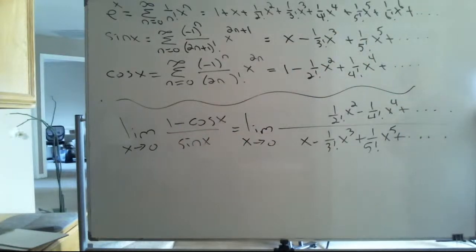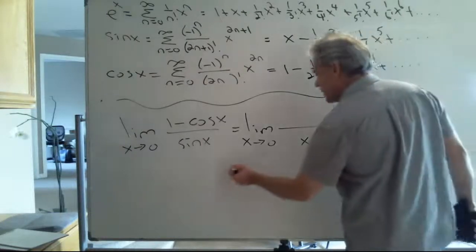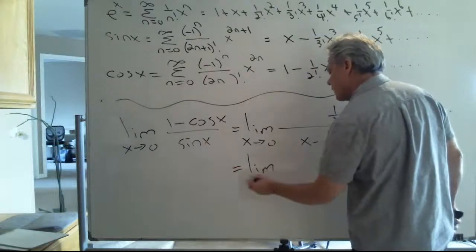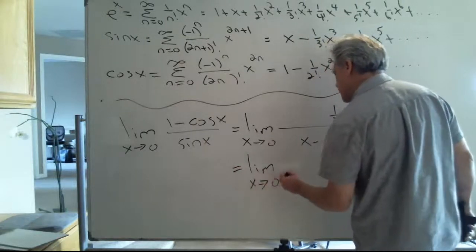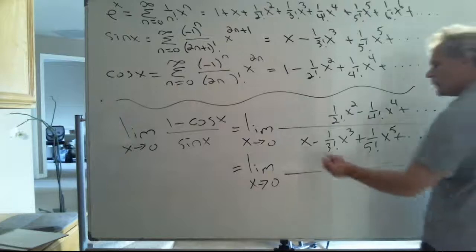However, take a peek at how if you pull out a factor of x upstairs and downstairs, and then cancel that like factor of x upstairs and downstairs, here's what remains standing.